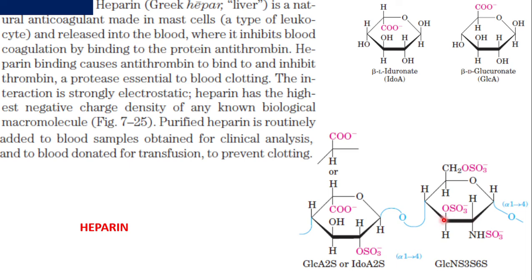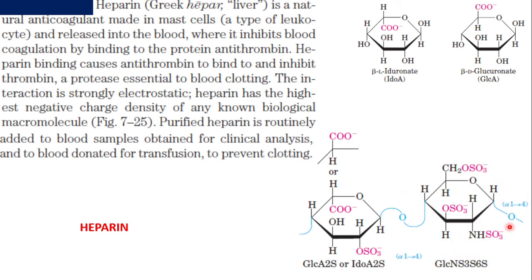Position 3, position 6. So glucose, N-sulfate, 3-sulfate, 6-sulfate. Actually not sulfide, it is sulfate. Glucose, N-sulfate, 3-sulfate, 6-sulfate. This is the other monomer.